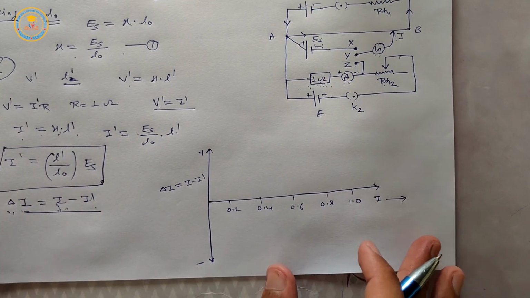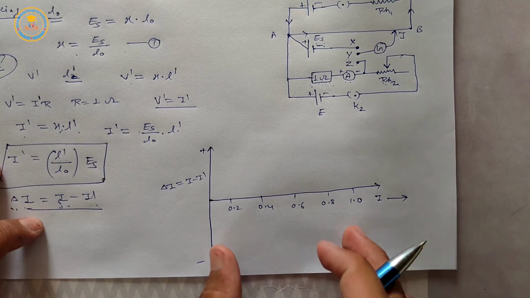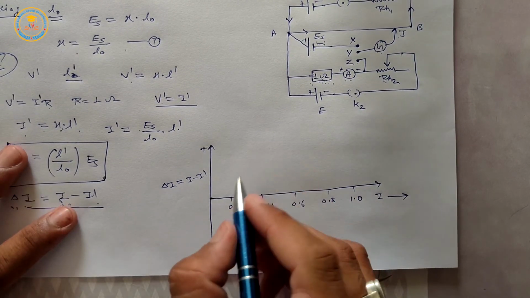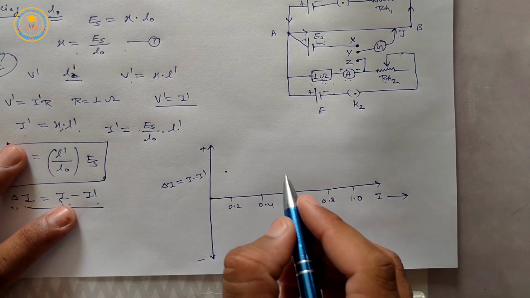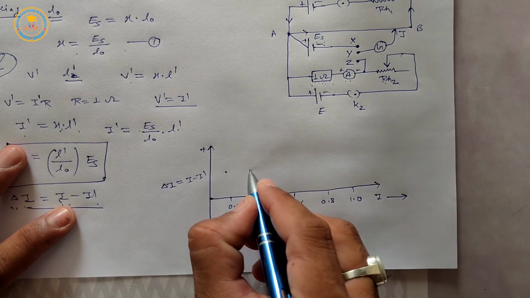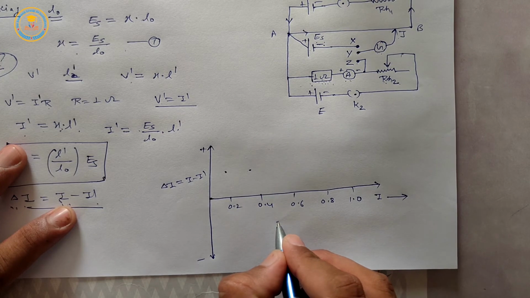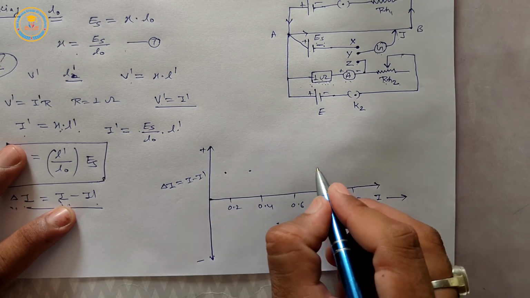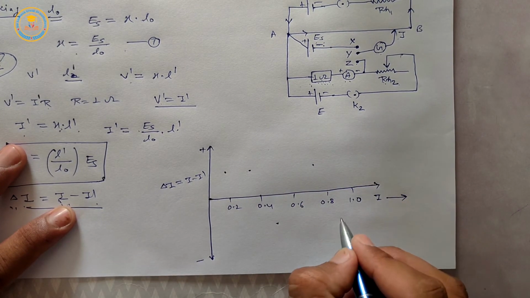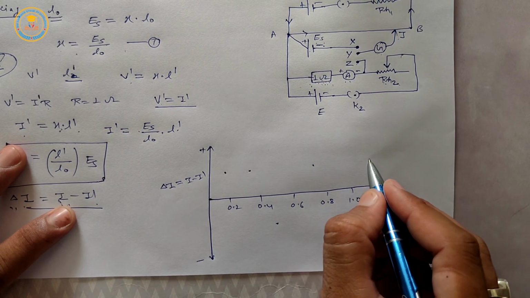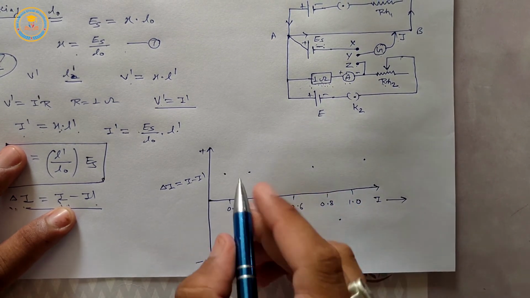By the observations, we get a calibration graph like this, with a point here, another point here, and another point at this point, and this and this.